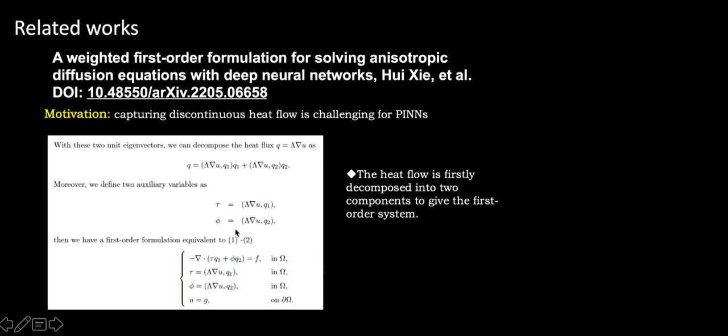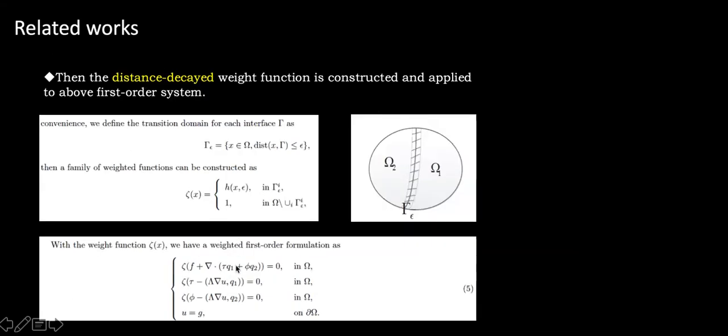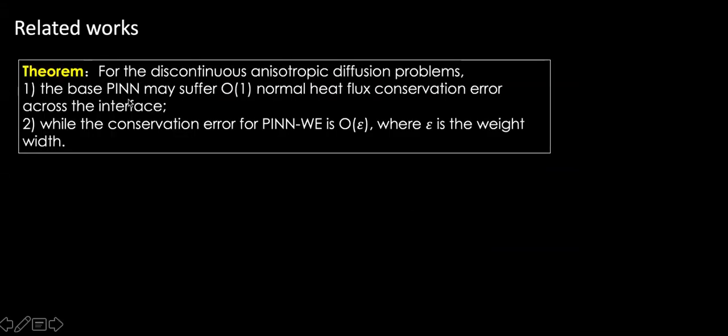And then he introduced a distance decay weight function into the first order formulation, and the weight decays near the discontinuity. He has proved that for discontinuous isotropic diffusion problems, the basic PINN may have a large heat flux conservation error across the face, while the conservation error of the weighted PINN is small.